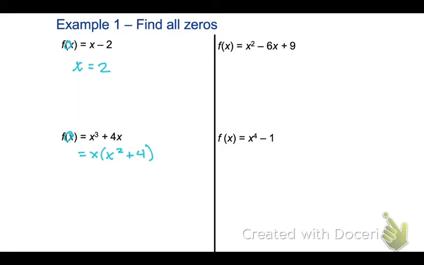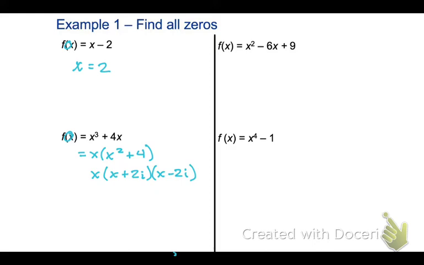Is that a difference of squares? No. So I can't do conjugate pairs unless I put something on it. You guys remember from yesterday? And i. So I can have x plus 2i and x minus 2i.